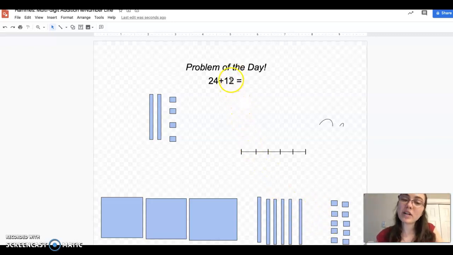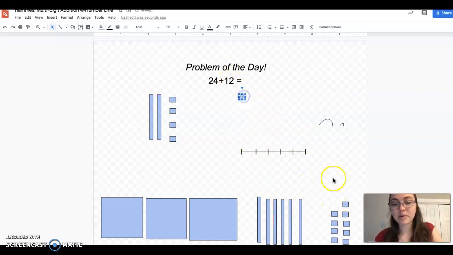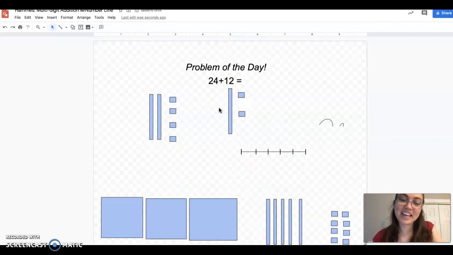So how many ones do we see? 2. So we will represent the 2 in the ones column with just 2 little squares. And then in our tens, we see that there is 1 ten. We will represent that with 1 tens rod. So instead of having 10 little squares here, we just decided to use a tens rod.